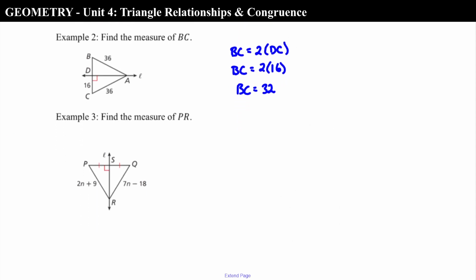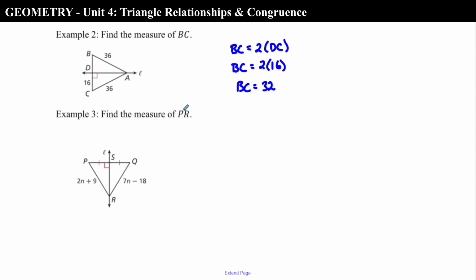For example 3, we're finding the measure of PR. Well, RQ is going to be the same length as PR because of the bisector here. So we can set PR equal to RQ. PR is 2n plus 9.